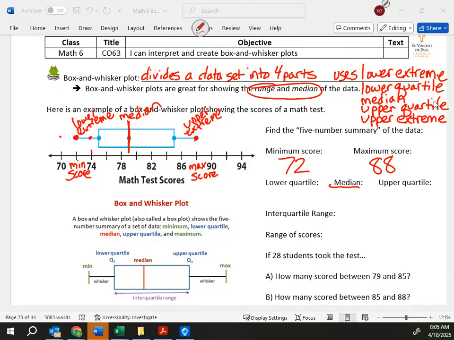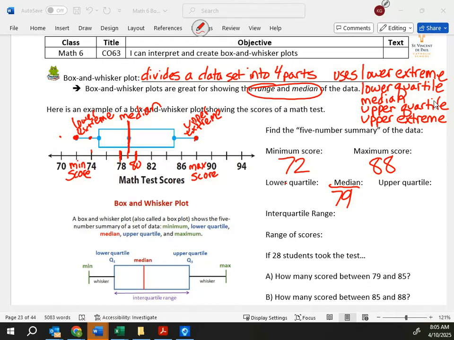Lila? 80. So skip counting by twos on that big line. 80 would be on the line here. And we have 78 on the line here, so where would that median fall? 79. Okay, sometimes we have to do a lot of interpreting with those numbers, thinking about what each line stands for, and if it's in between lines, what does that stand for? So that median would be 79.